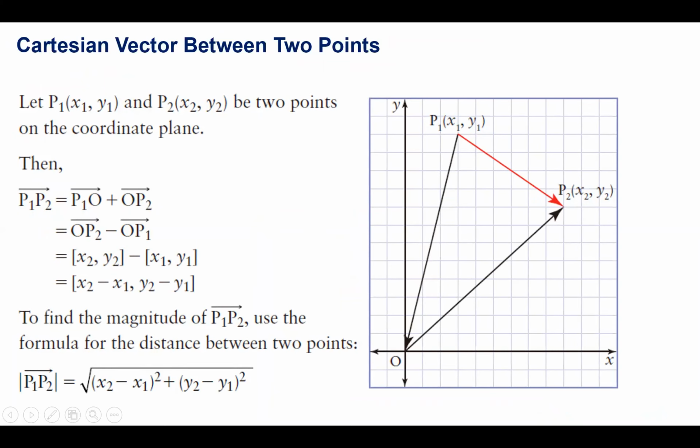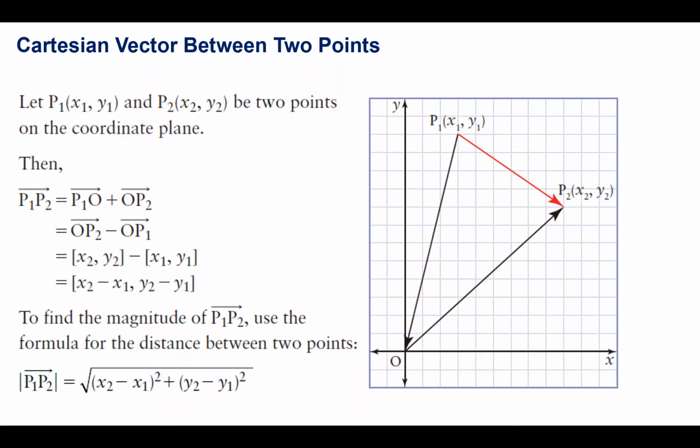So next, let's have a look at the Cartesian vector between 2 points. Let P1 with coordinates x1, y1 and point P2 with coordinates x2, y2 be 2 points on the coordinate plane.